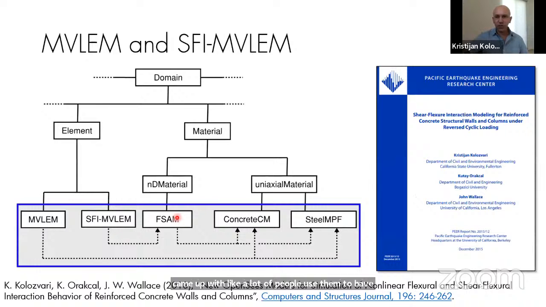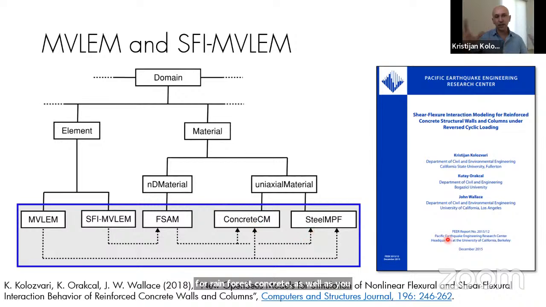And back in 2016, I believe, or 2015 actually, we published this PEER report with John Wallace and Kutay Orakcal, where we implemented these models into OpenSees for the first time. As a part of that implementation, we implemented the multiple vertical line element model and the shear flexure interaction version of that model, as well as the fixed strut angle model, which is the material model for reinforced concrete, as well as uniaxial materials, concrete and steel.